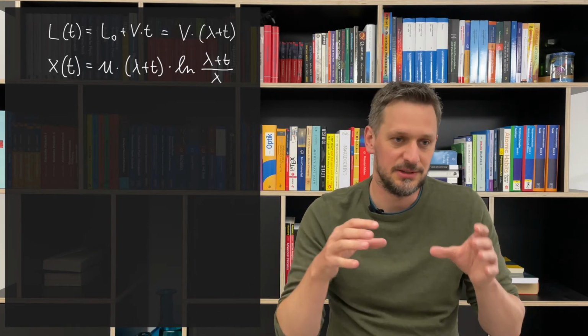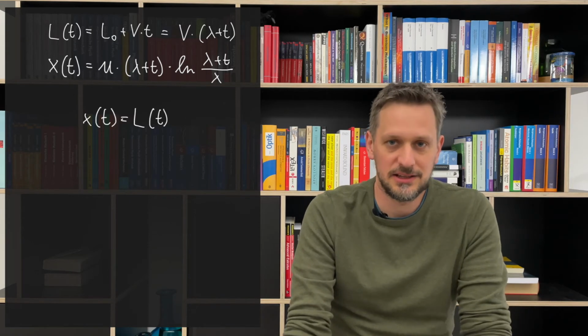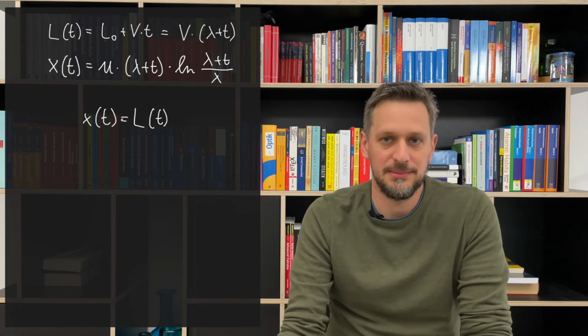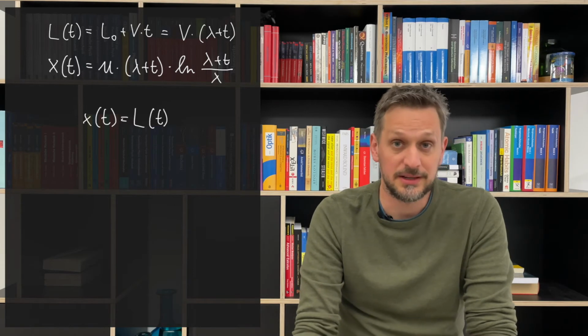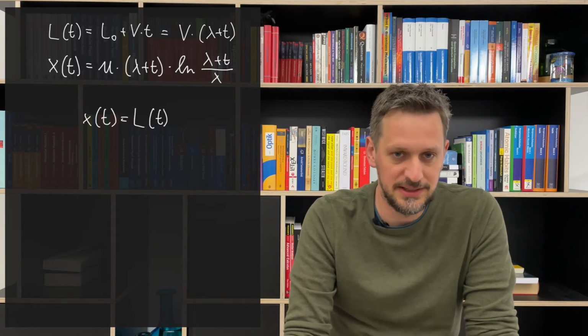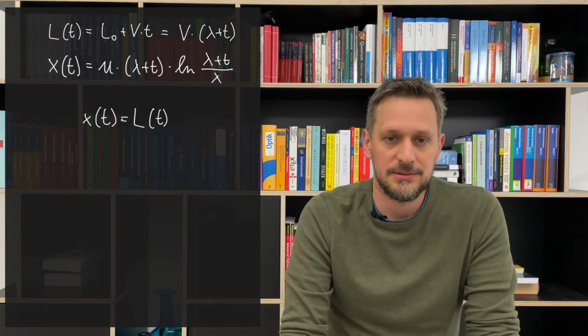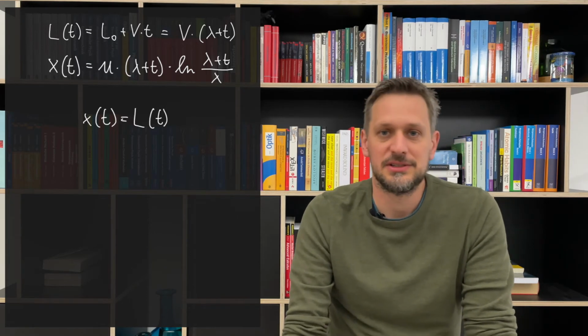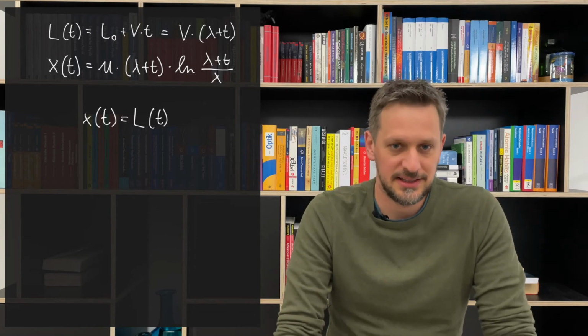So if we just equate these two, we can calculate the point in time when they meet, when they are equal. As a quick reminder, we had big L of t is equal to L0 plus big V times t. And we set this equal to the expression of x of t that we just calculated.